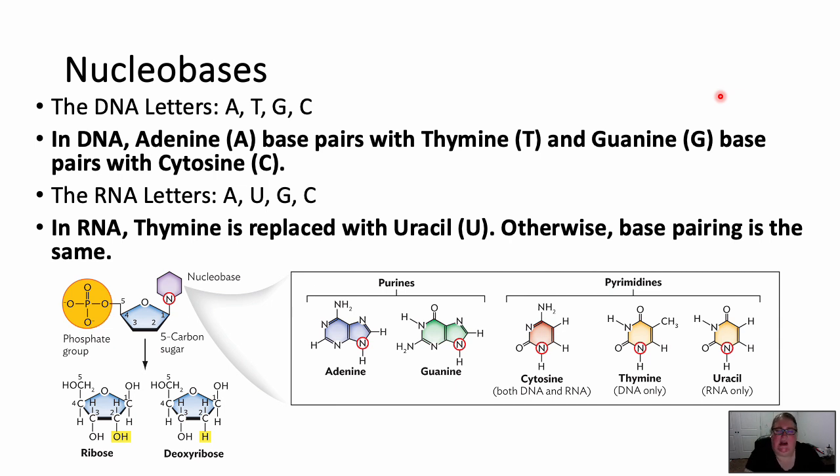We call this base pairing. And they're always going to pair up with the same nucleobase. So adenine always base pairs with thymine, and guanine always base pairs with cytosine.